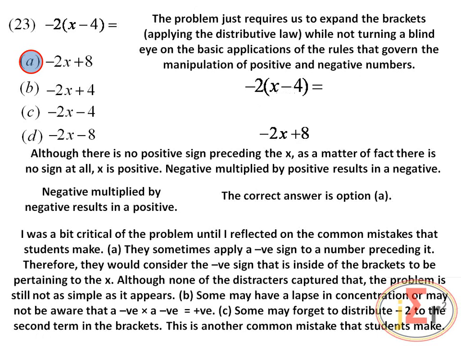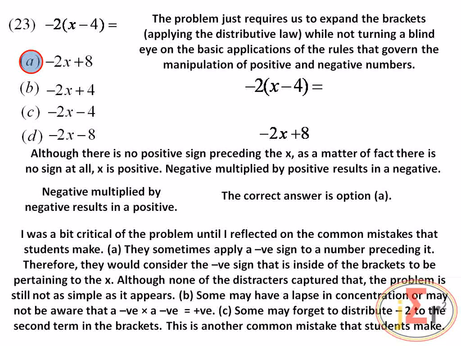If we had a sign in front of the x or preceding the x, then we know that that sign is related to the x. However, on this occasion, we do not have a sign preceding the x. The x is considered to be positive. Although none of the distractors captured that, the problem is still not as simple as it appears.